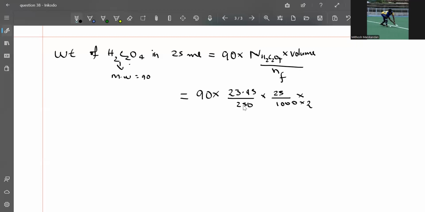So this gets cut, and this gets cut again.